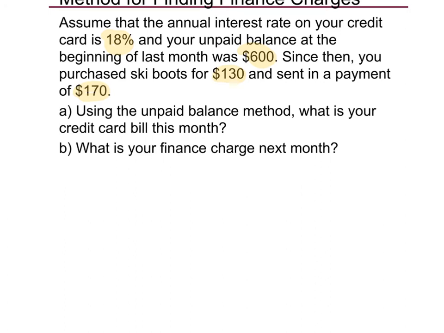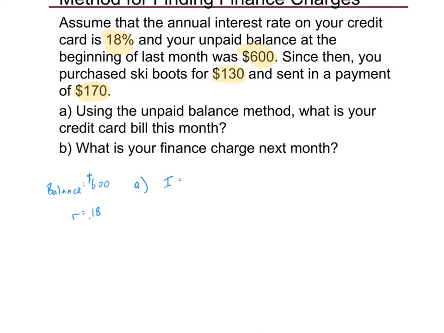Okay, so let's write down some things. Our balance is $600. Our rate R is 0.18. We made our purchase and sent in our payment. So in terms of steps again, part A, first I want to compute the simple interest. I equals PRT.